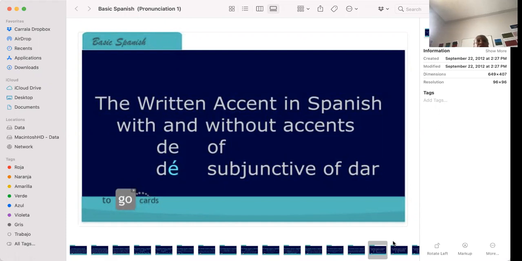Not all the times are accents used in order to tell you how to pronounce a word. This is the thing about Spanish that I like, although it's hard to learn these accents. It tells you where to put the emphasis, and when it breaks a rule, it has an accent and it says, I know you're supposed to put it in the next to the last syllable or the last syllable, but here the rule is broken.